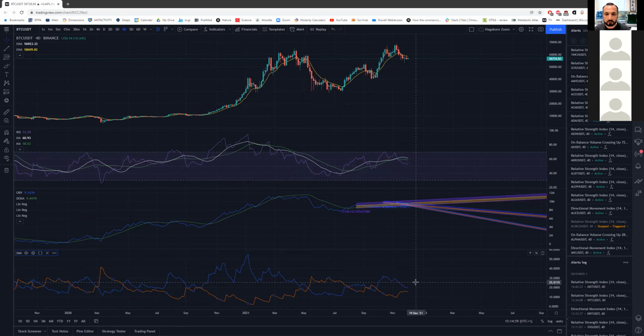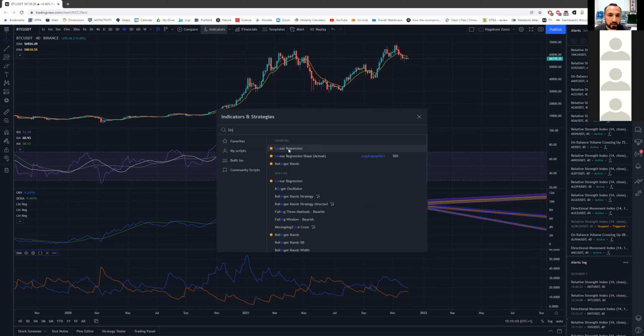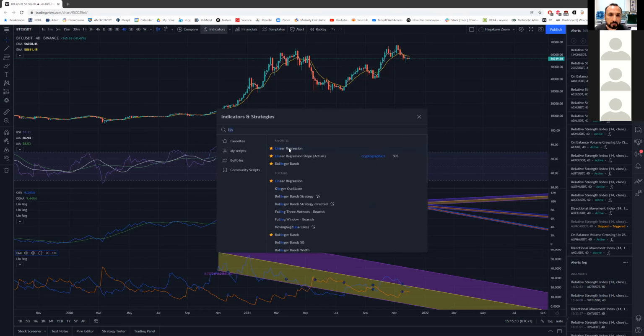Now, in the DMI, on the blue line, which is the plus DMI, you right click, add indicator, and again you'll find the linear regression and you click this 3 times.